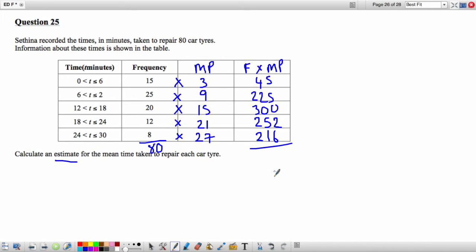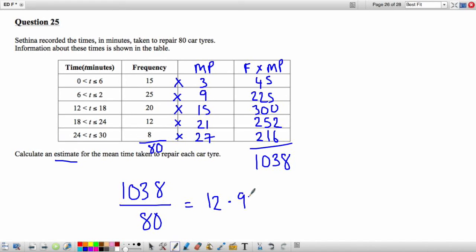Adding up all of these values gives us a total of 1,038. Therefore our mean is 1038 divided by the total frequency, 80, which is 12.975.